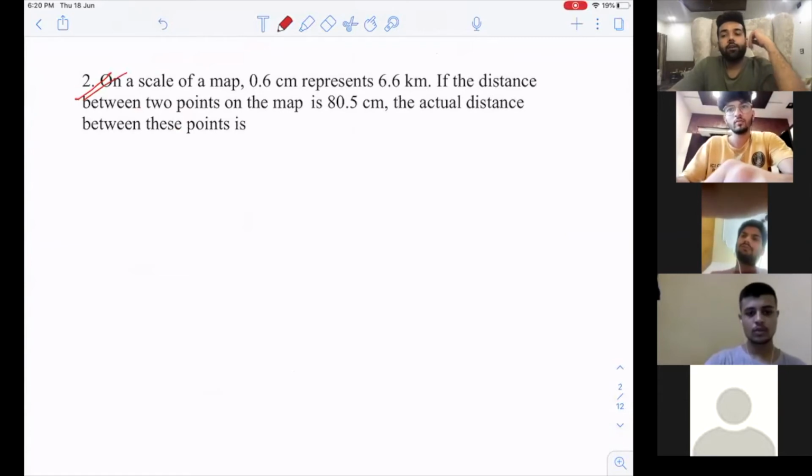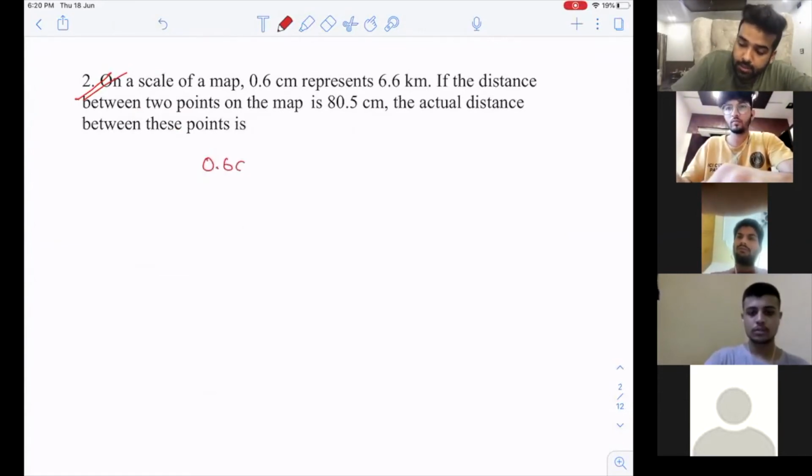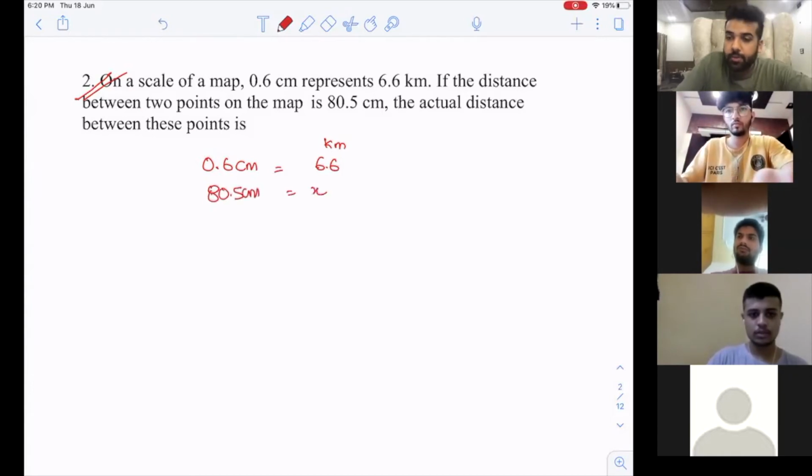Try it. On a scale of map, 0.6 centimeters represents 6.6 kilometers. If the distance between the 2 points is 80.5 centimeters, what would be the representation in kilometers?